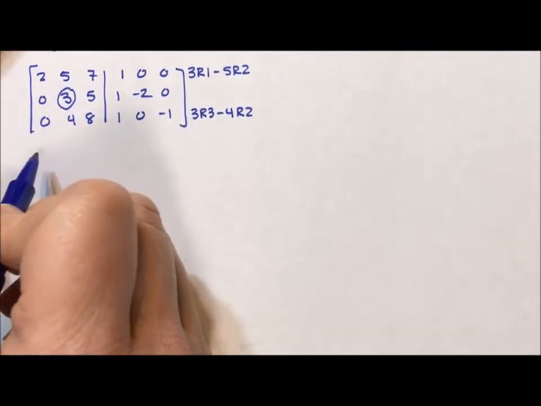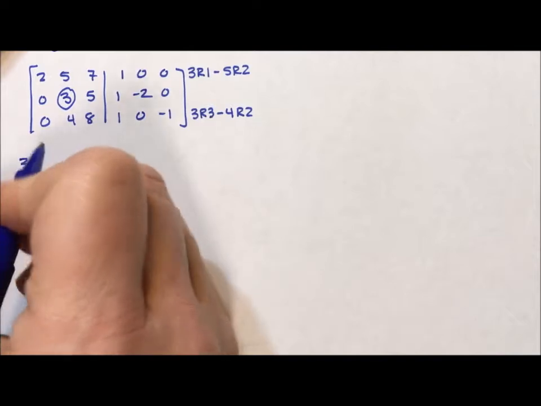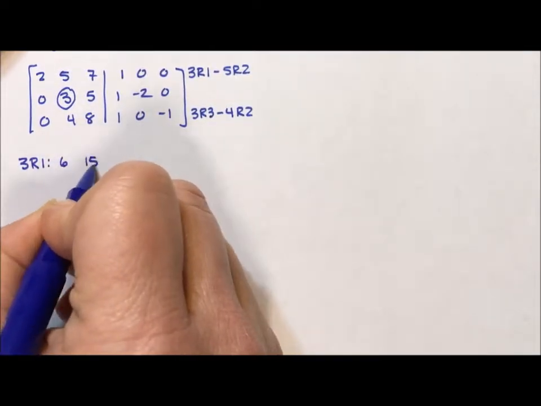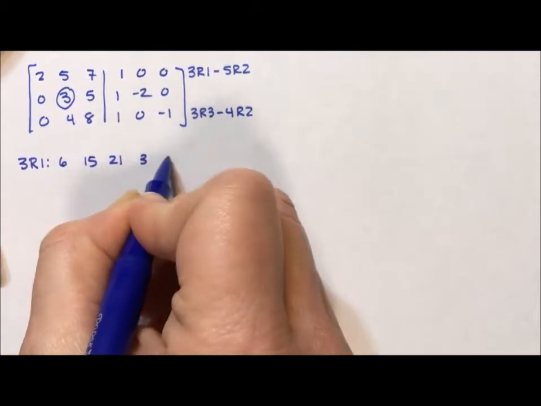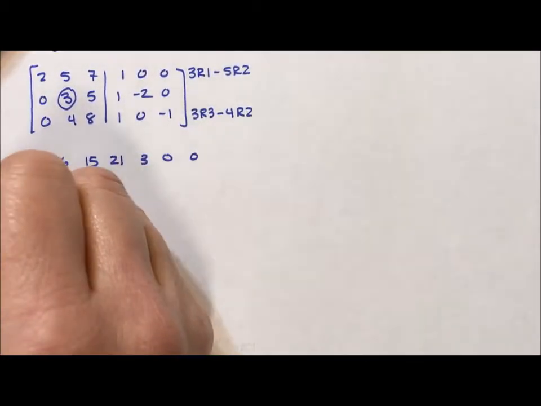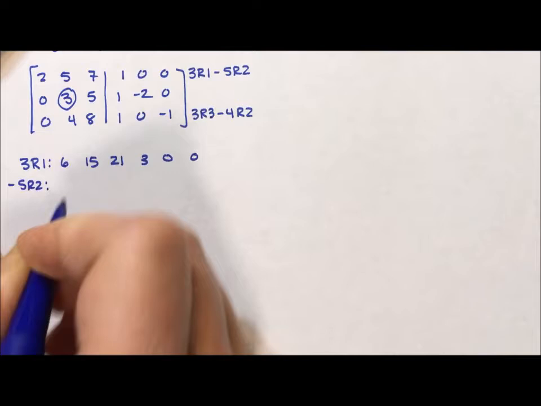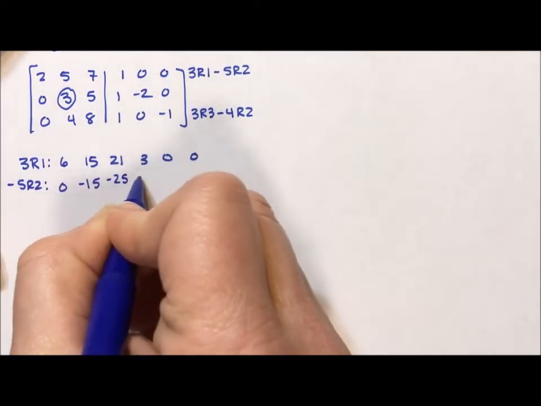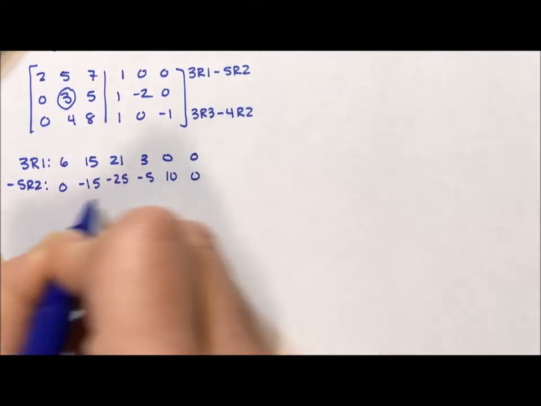So if I do 3 times row 1, I'm going to get 6, 15, 21, 3, 0, 0. Negative 5 times row 2 is 0, negative 15, negative 25, negative 5, 10, 0.